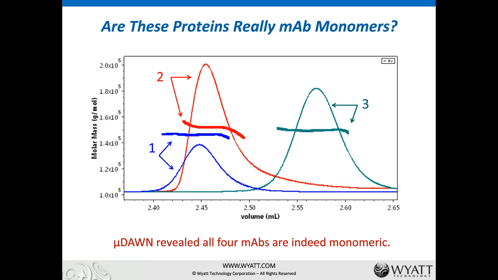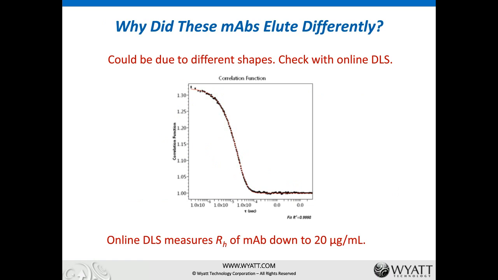Remember those three mAbs, that they have very similar molecular weights, but eluted at different volumes. We can now use the embedded DLS to measure their hydrodynamic radii. The DLS embedded in the MicroDAWN has very high sensitivity, can measure mAb down to 20 micrograms per milliliter.